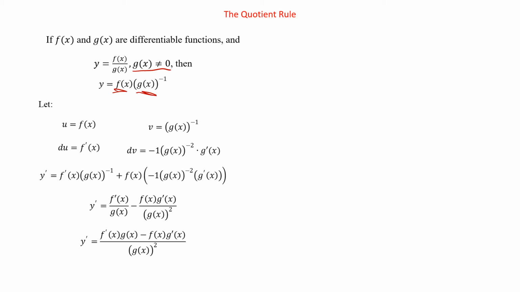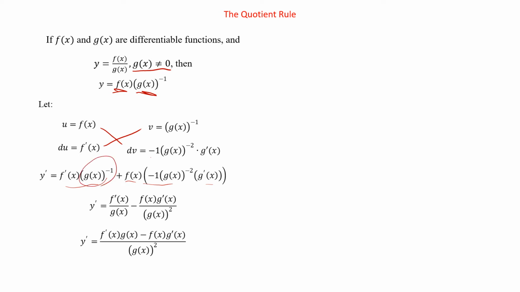We can find the derivatives. Derivative of f of x is just f prime. The g of x, we have to chain rule. That's going to be negative 1 times g of x to the negative 2 times g prime of x. We can multiply them. So we have f of x times g of x to the negative 1, and then times f of x times the whole mess that's dv. We can work on simplifying, move the negative exponents down to the bottom.